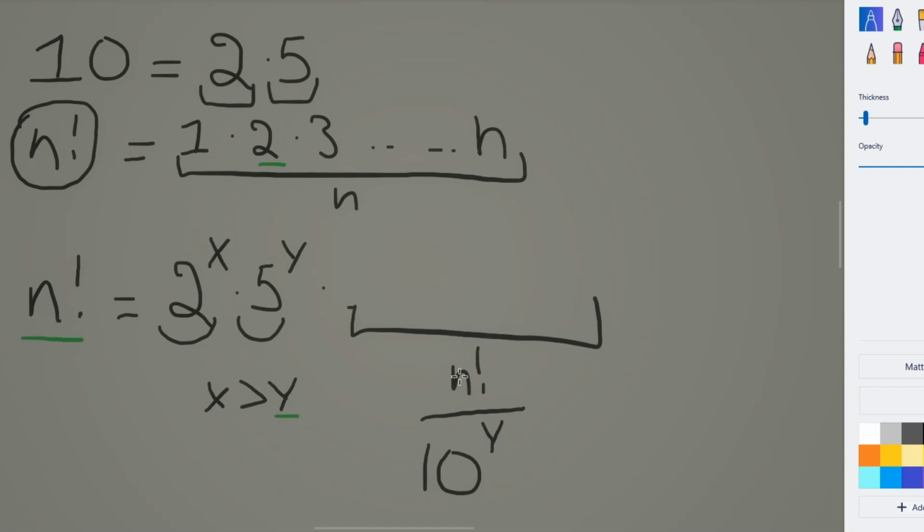So this n factorial divided by 10 to the power of y will result into an integer number. And in that way, number y here is the answer that we seek, okay? So let's go now ahead and see how can we actually calculate this number y.